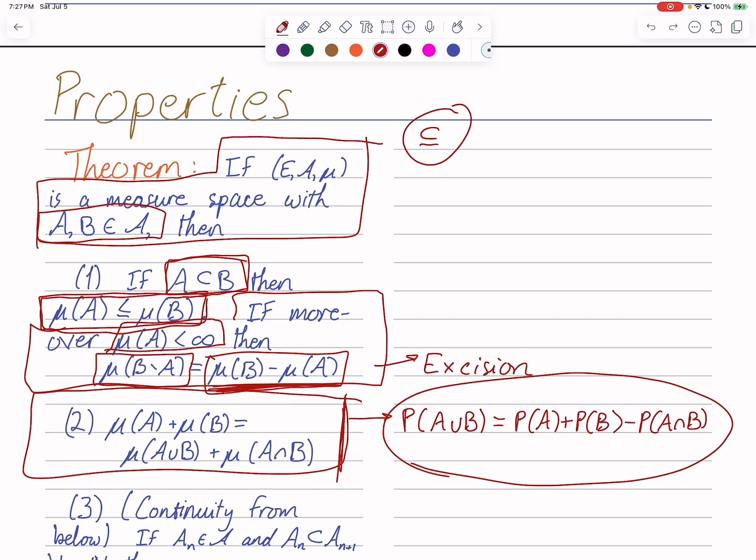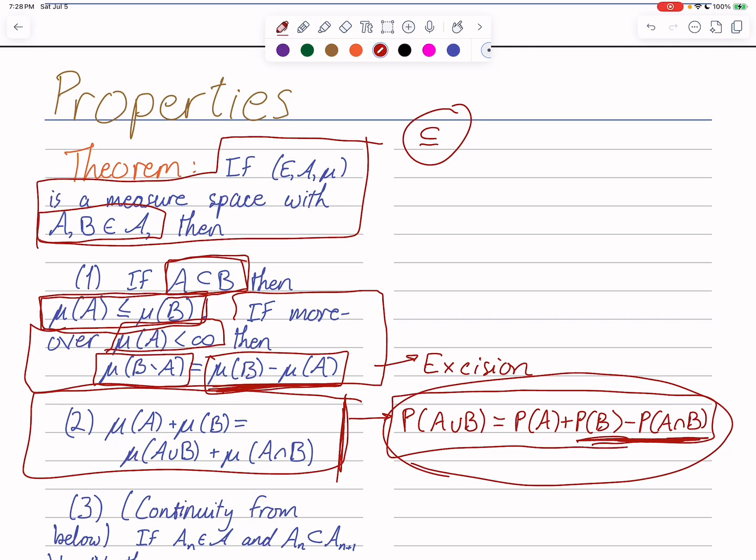Well, it's because, again, there's some worry about having infinity minus infinity if we were talking about measures. For probabilities, that's not a concern because the measure of the entire space is 1. All these probabilities are going to be between 0 and 1. So in the probability setting, this is no problem at all.